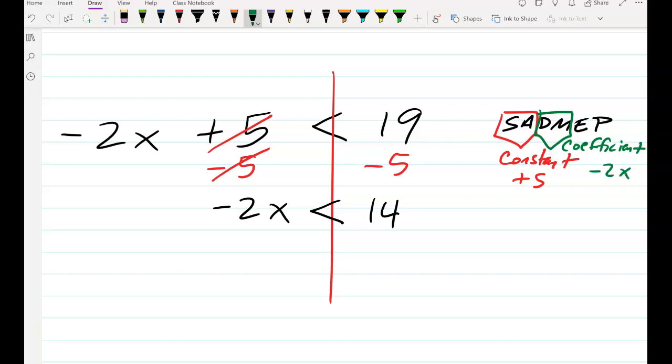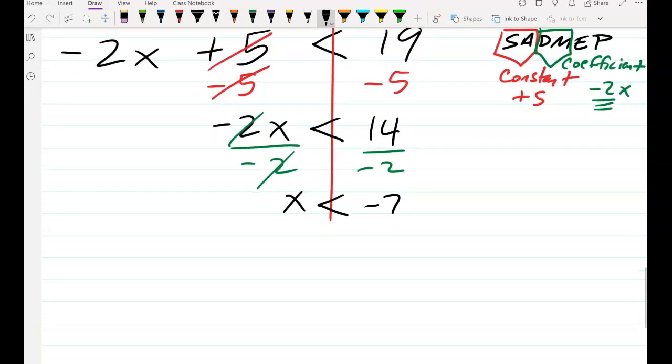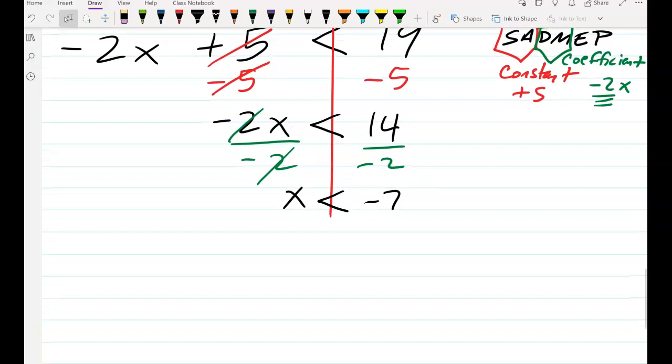And what's the coefficient here? Well, it's the negative 2. So I'm going to divide both sides by negative 2. Now we just cancel those two out, and then x is less than 14 divided by negative 2 is, well, that's negative 7.